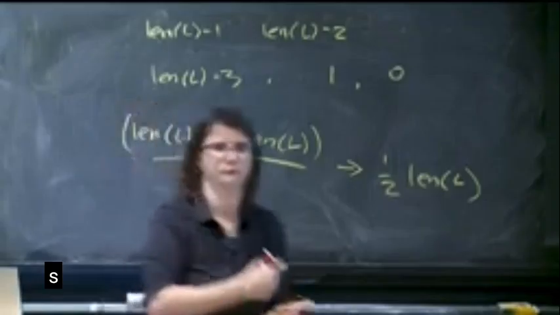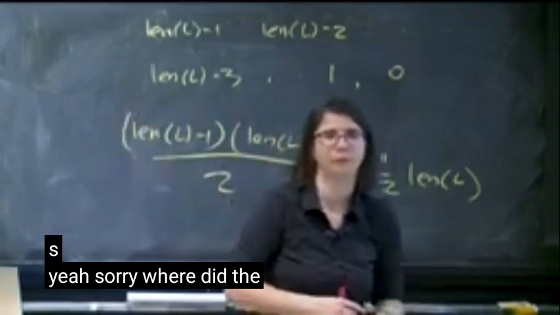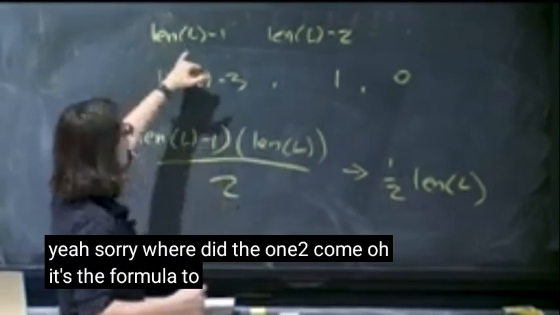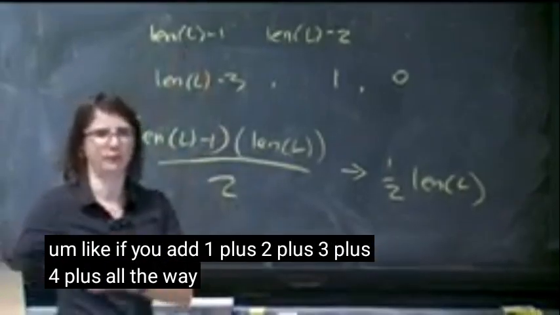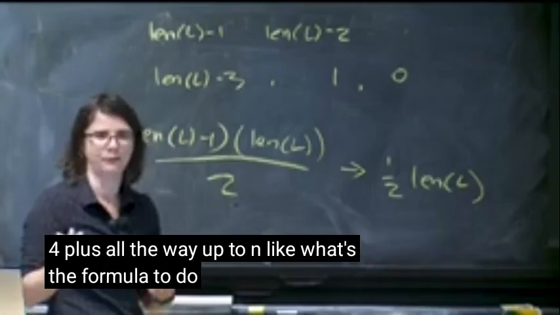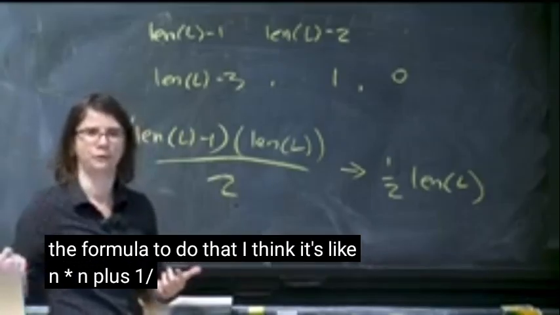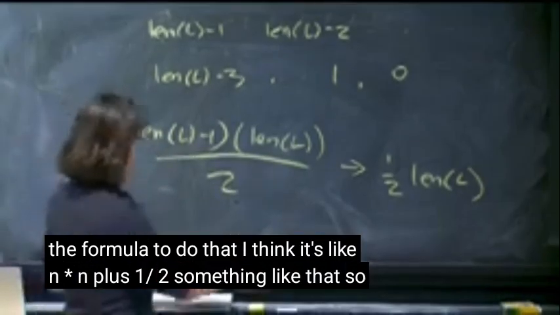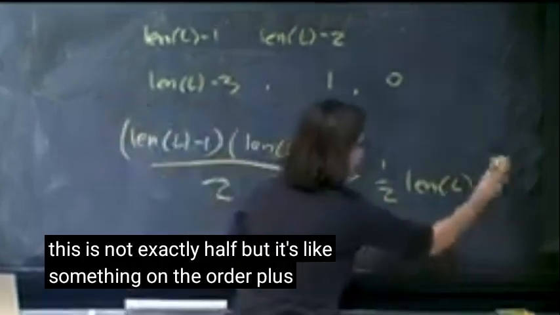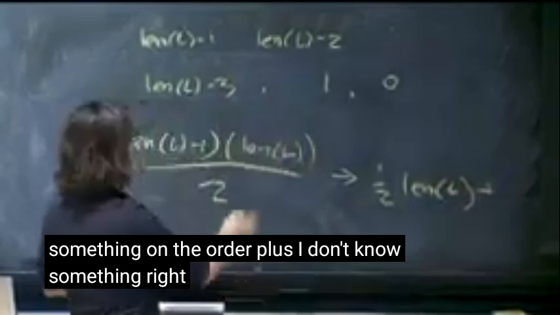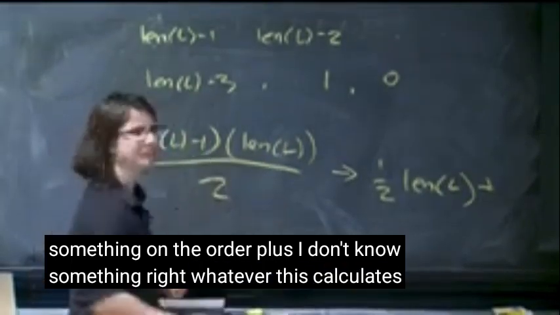Sorry, where did the 1/2 come from? Oh, it's the formula to add, like if you add 1 plus 2 plus 3 plus 4 all the way up to n. I think it's like n times n plus 1 over 2. So this is not exactly half, but it's something on that order, whatever this calculates to.